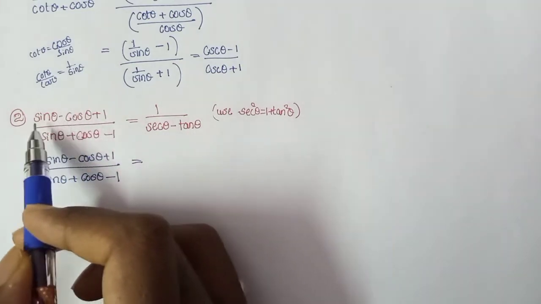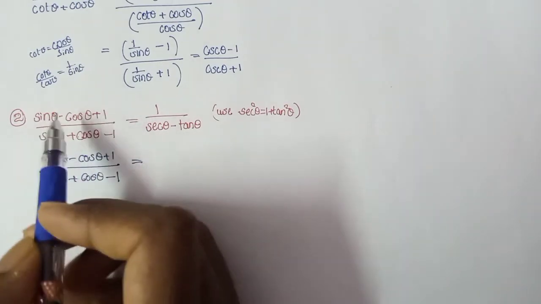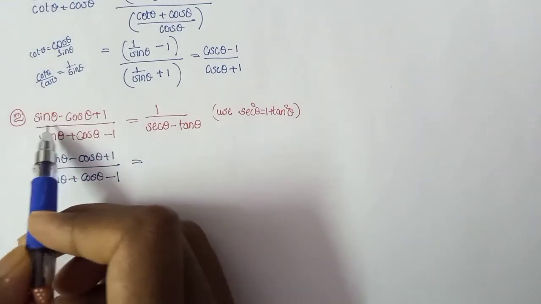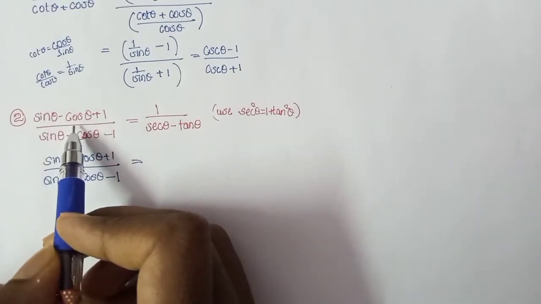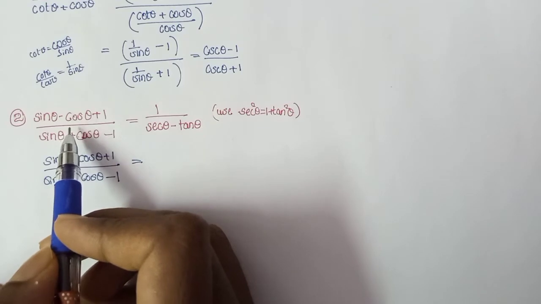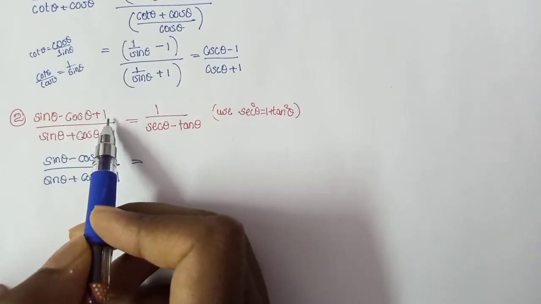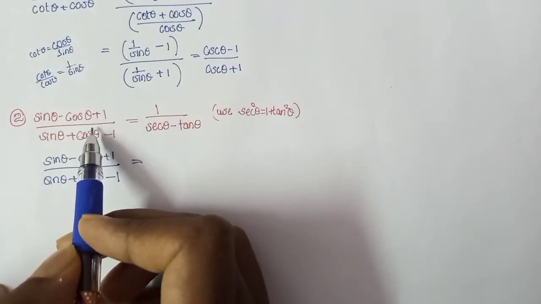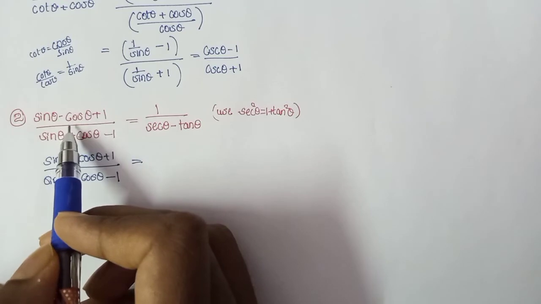If I divide with sin in numerator and denominator, what will we get? Here sin theta by sin theta will cancel and you will get 1. Here cos theta by sin theta is cot theta, plus here 1 by sin theta, that is cosec theta. So if you divide with sin theta, you get the expression in terms of cot theta and cosec theta.